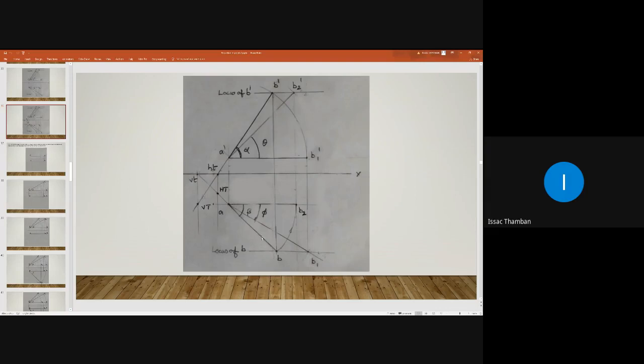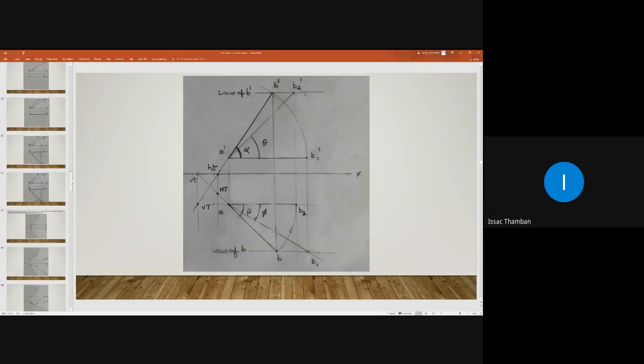The plan is extended to the horizontal trace, and here it is meeting this vertical line, and that is our horizontal trace, and it is meeting the XY line here, and that is small v. And if you join small v and HT, you will get this line, and if you extend that line, then you can say that points small a and small b will be on this line extended.